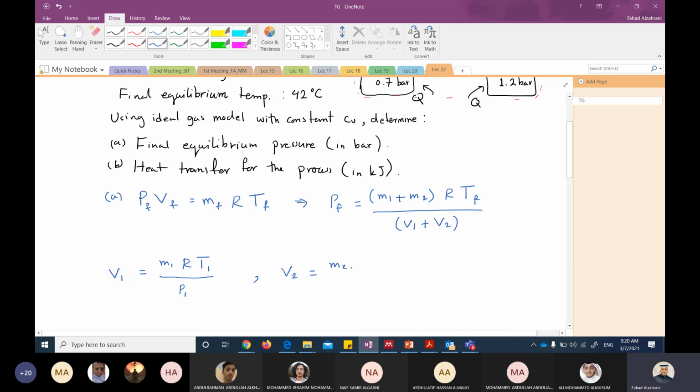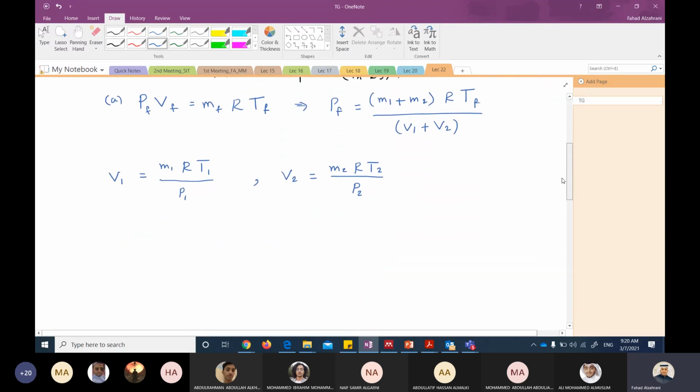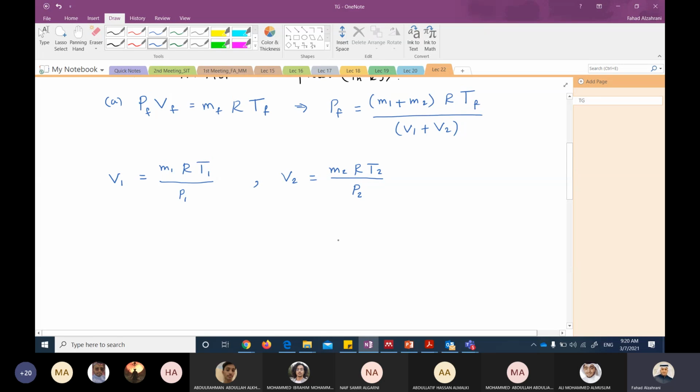I have M2 R T2 over P2. Remember, this is now the initial state. So I can use the initial data to find the volume for each tank, and then I can find the final pressure in this way.